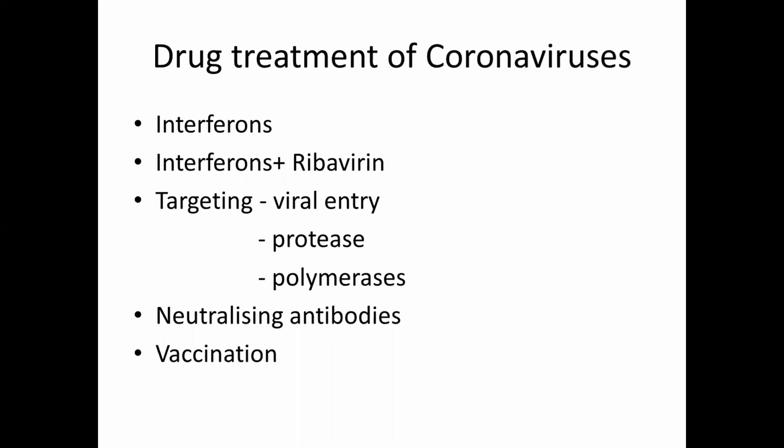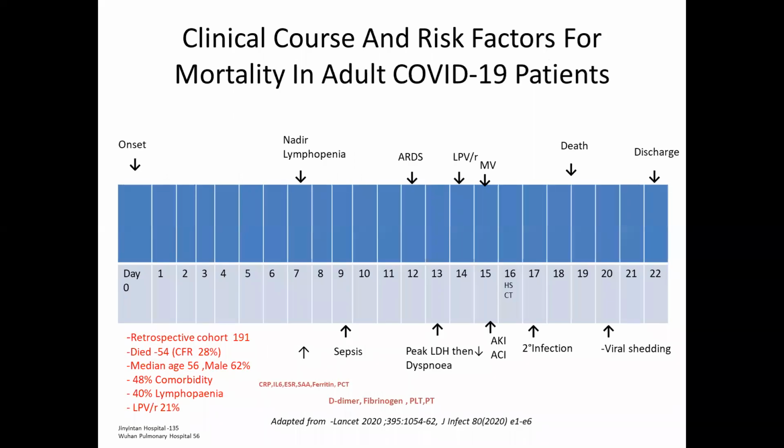But as we are going to see in the course of this disease, there are targets that are useful for treatment when we see the enzyme systems that are found in the virus. Of course, neutralizing antibodies and vaccinations are not going to be part of my talk today.